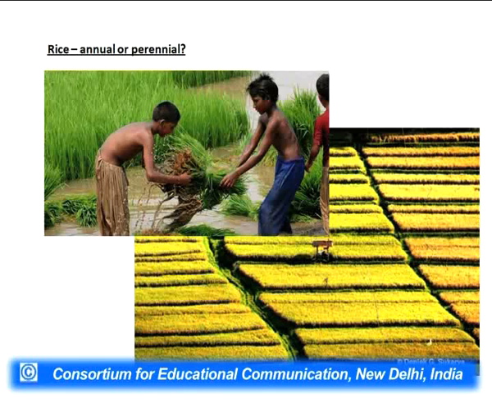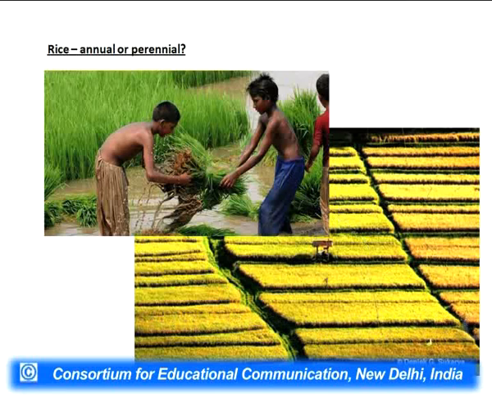Now, sometimes it becomes more confusing, like whether rice is annual or perennial. Look at the rice which is green here at the top, and then this rice at the bottom is a matured rice field.